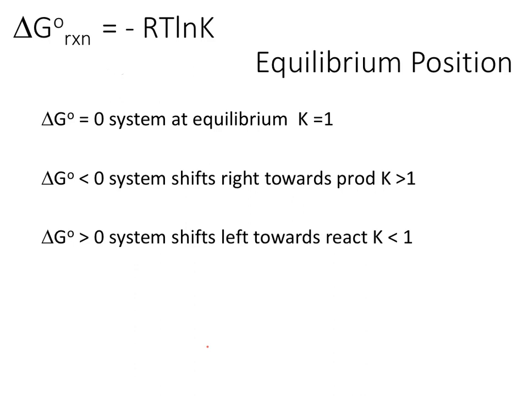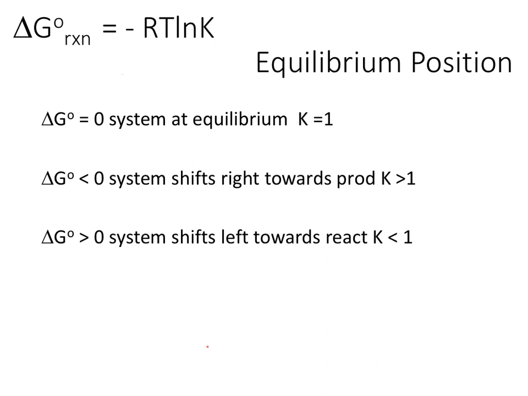If we have a system that's at equilibrium, in this situation our delta G naught is going to be equal to 0. In order for delta G naught to equal 0 in this equation, K has to be equal to 1, because the ln of K is always 0 when K equals 1. We already know delta G equal to 0 indicates the equilibrium position.